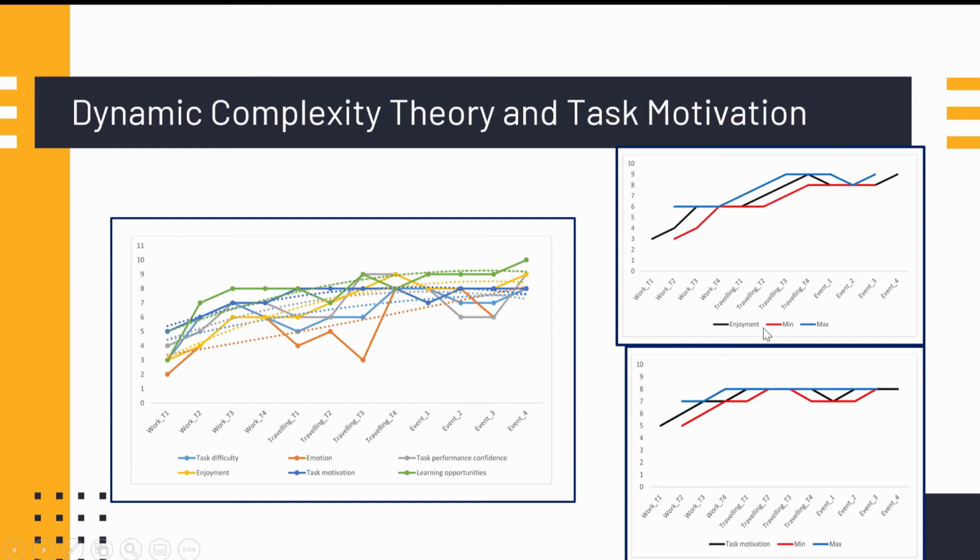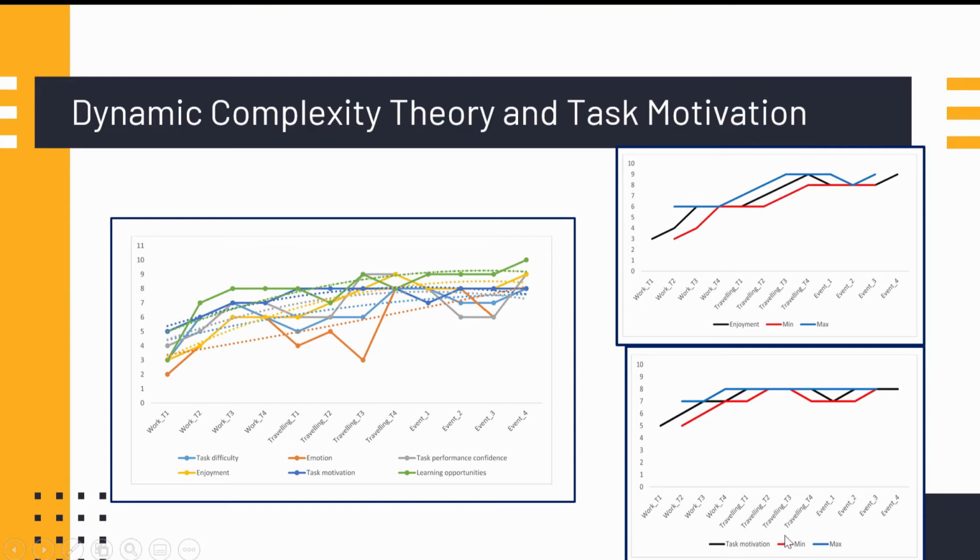When we zoom in on enjoyment and task motivation, these two subsystems, enjoyment you can see steadily improve over time, over one semester. We used the mean and max moving window to show at what point they show more dramatic change. And task motivation was interesting because it started low.